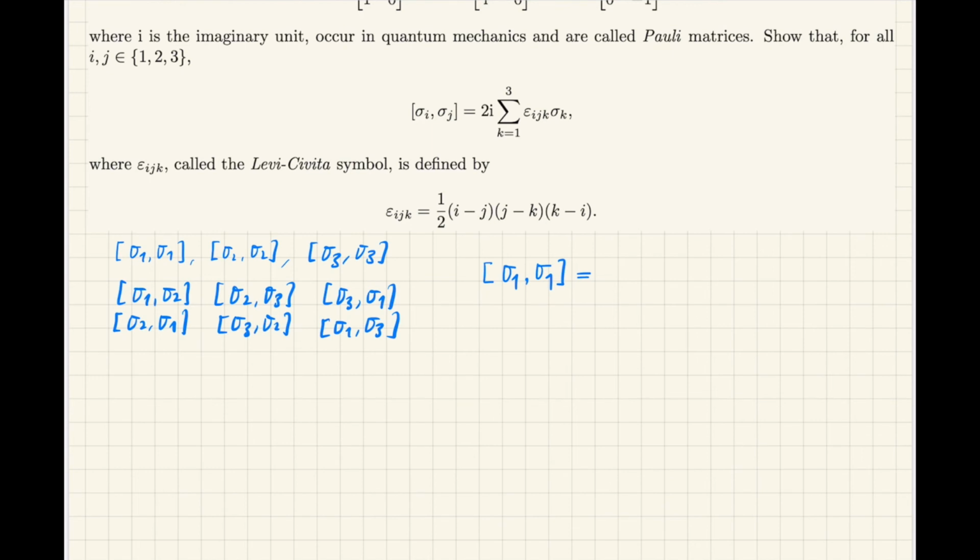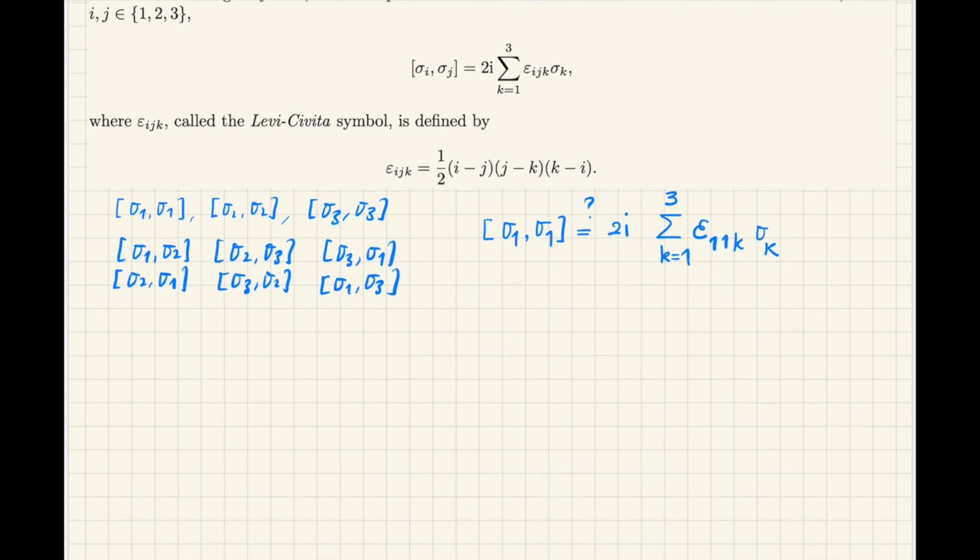So I need to convince myself that this is 2i, the imaginary unit, times the sum over k from 1 to 3 of epsilon 1, 1, k sigma k. This is the relation that I need to convince myself of.